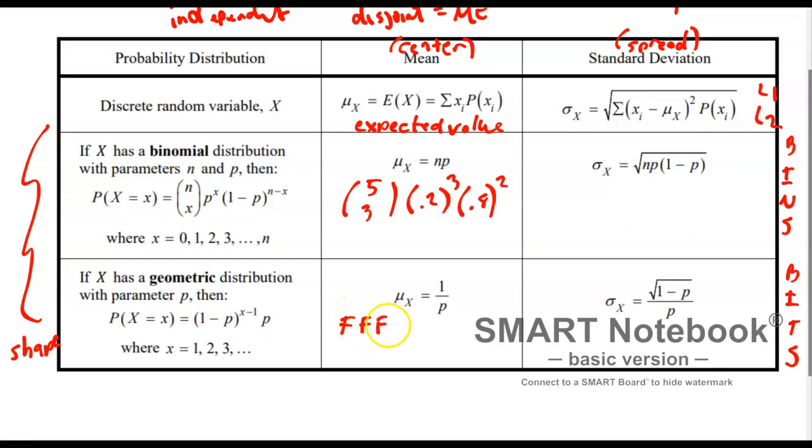Let's say you've got these failures, and then finally you have a success. If we use something similar to above, you'd have 0.8 to the 3rd power, and then we finally have our success in this case, okay, according to that distribution. Alright, let's go and move on.